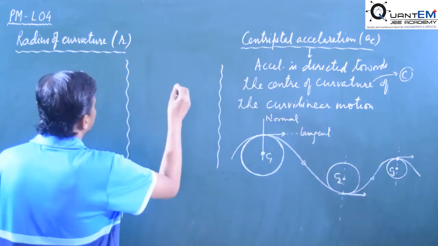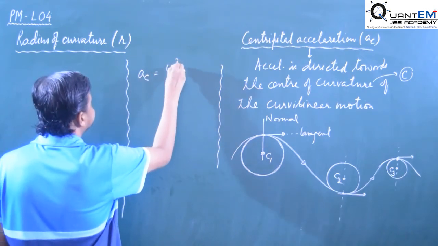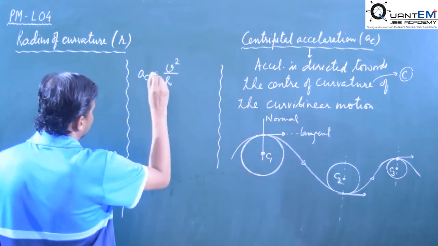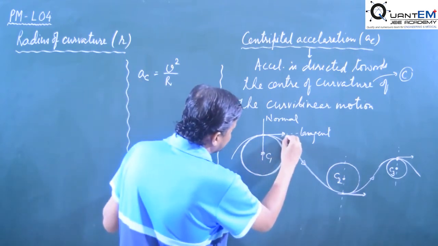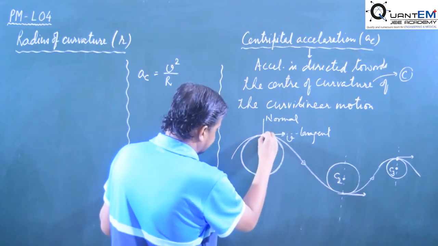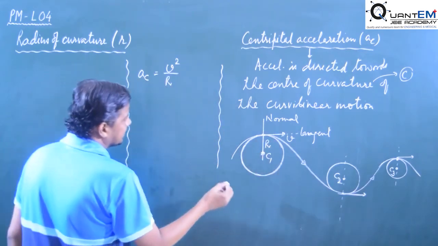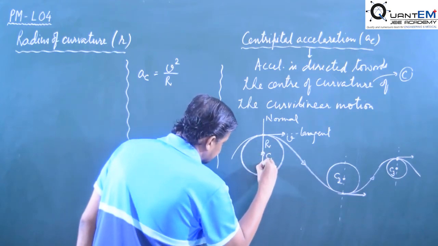So the formula for centripetal acceleration a_c is v square by r. Suppose this particle is moving with speed v here, and the radius is R. This distance is the radius of the curve. This acceleration is directed towards the center.